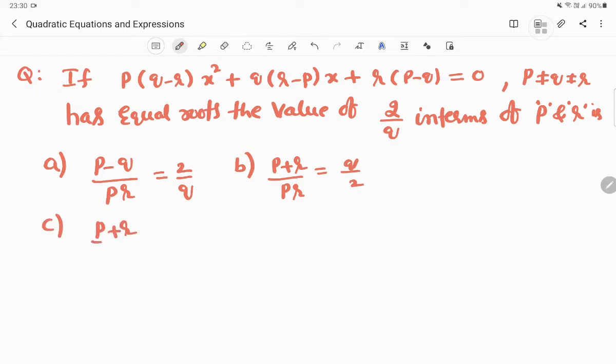Option: (p plus r) by pq is equal to 2 by r. Fourth option: (p plus r) divided by pr is equal to 2 by q. These are the options available.